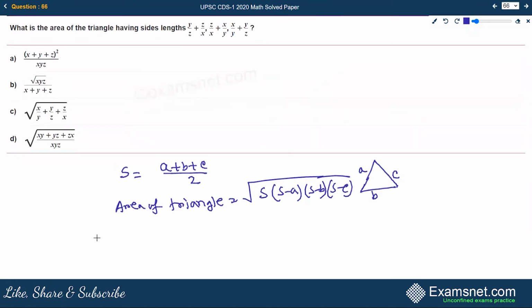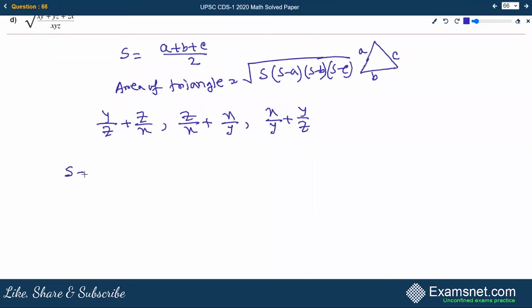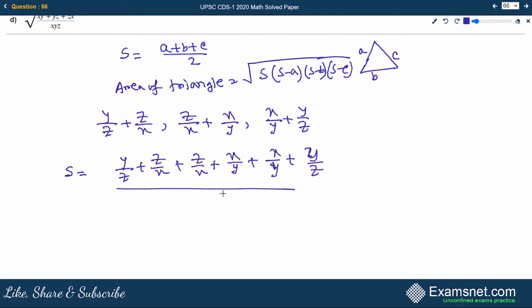So we are given that the sides are y by z plus z by x, z by x plus x by y, and x by y plus y by z. First we will find the semi perimeter S. Let's add all of them and divide by 2.